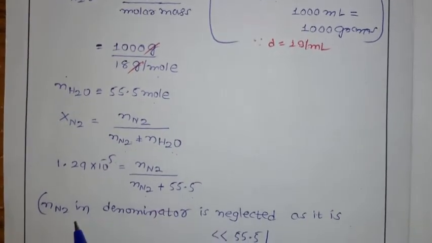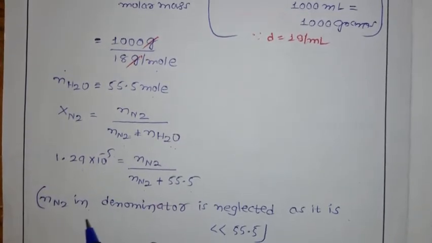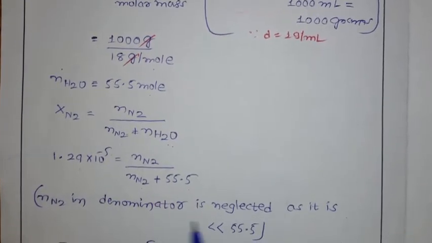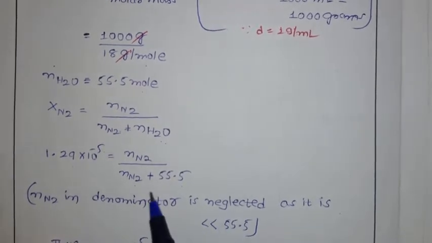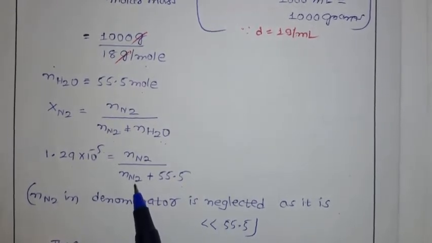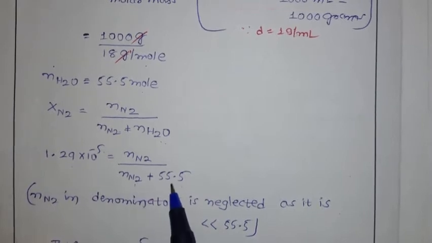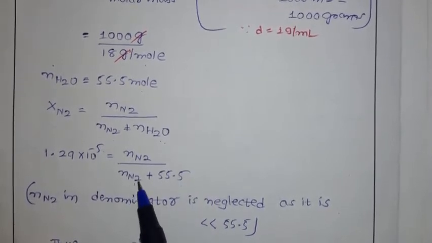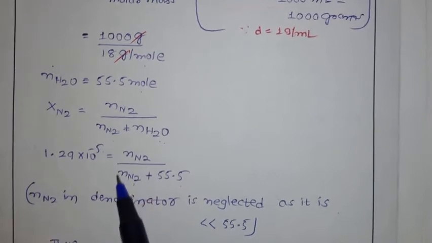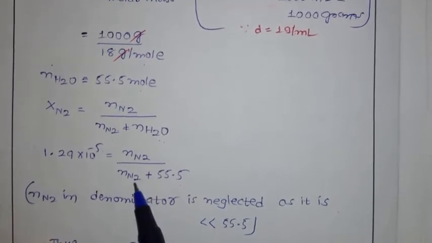Now in the denominator, the number of moles of nitrogen is neglected as it is very much less than 55.5. Already we discussed that the solubility of nitrogen in water is very low, so for the sake of simplification of this equation, I am going to neglect the number of moles of nitrogen in the denominator. Okay. So if you neglect it here, what happens?